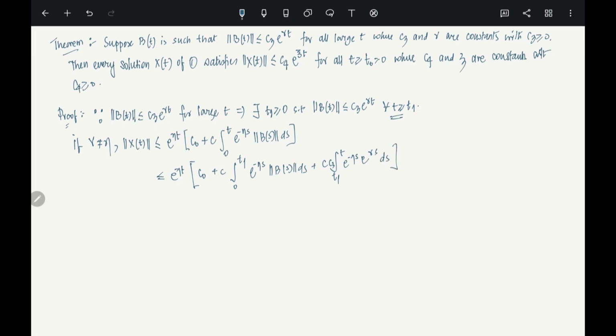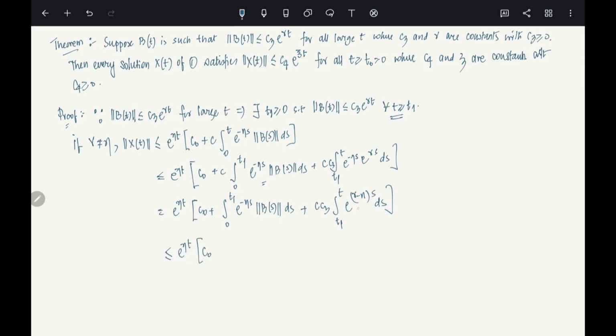Then we can write it like this: e to the power gamma t times C naught, plus the integral from 0 to t1 of e to the power minus gamma s norm of b(s) ds, plus c3 times the integral from t1 to t, which is e to the power gamma minus eta times s ds.